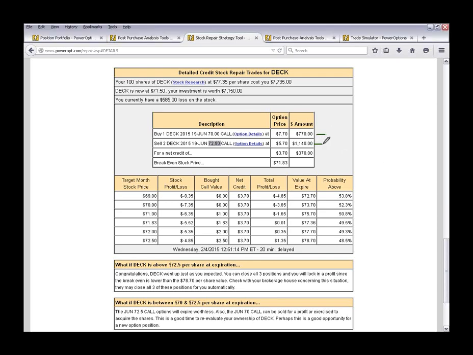We'd collect $1,140 for the two contracts at $5.70, and this would give us a net credit of $3.70. So already we've lowered our break-even by $3.70 from our $77.35. But how is this break-even at $71.83?